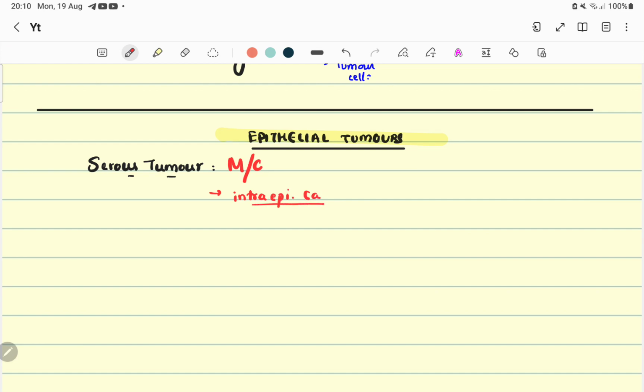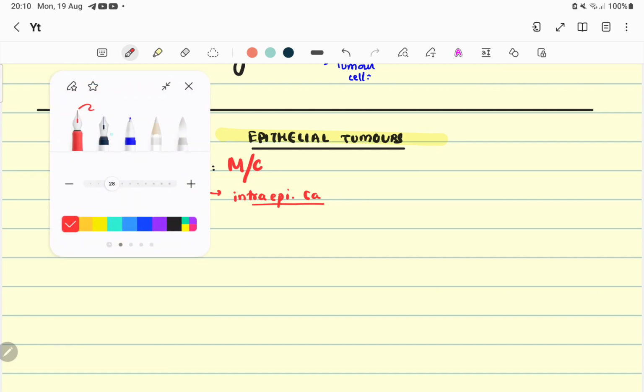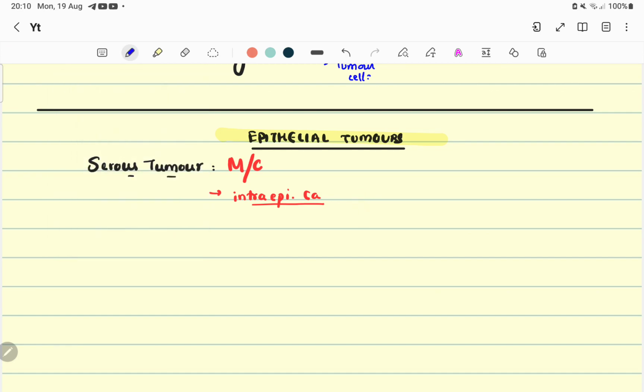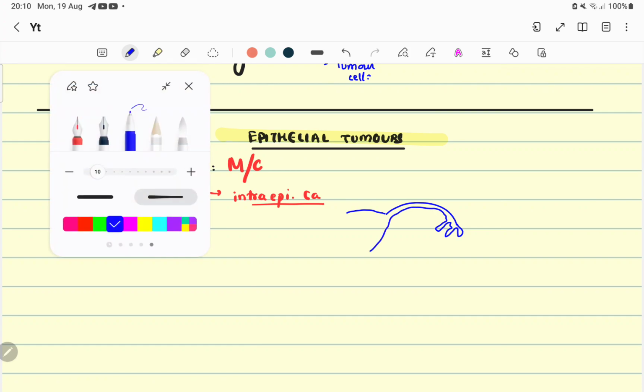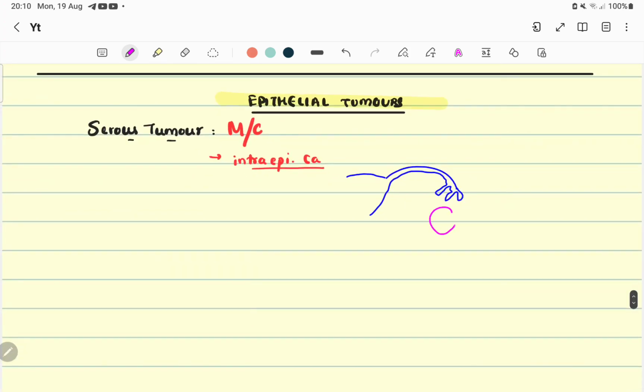Intraepithelial carcinoma means it occurs in the fallopian tube basically, and the tumor cells can migrate, right? Just a minute, let me draw it a bit. Let's assume this one.